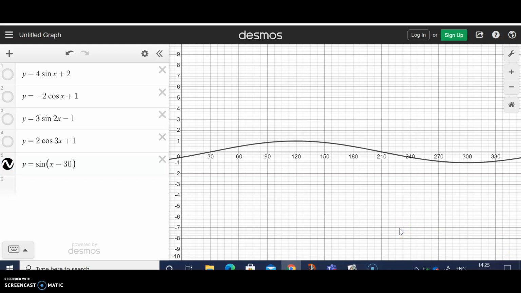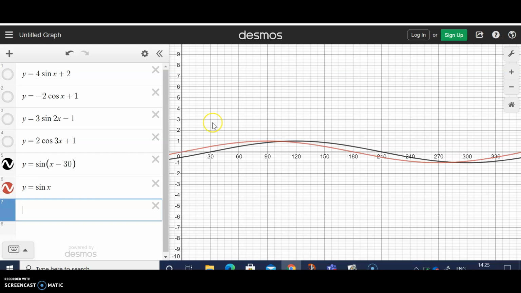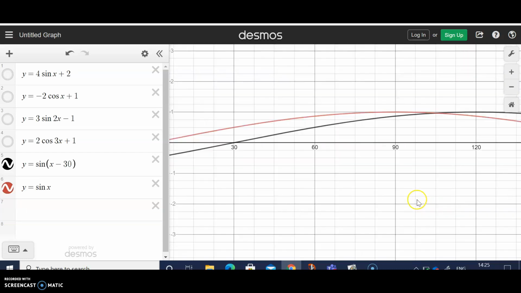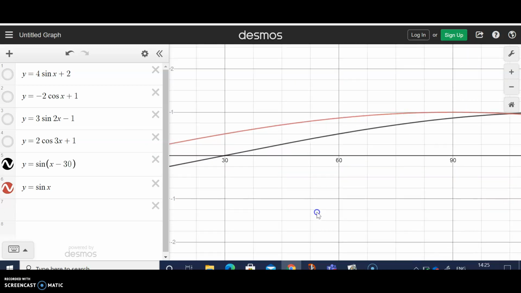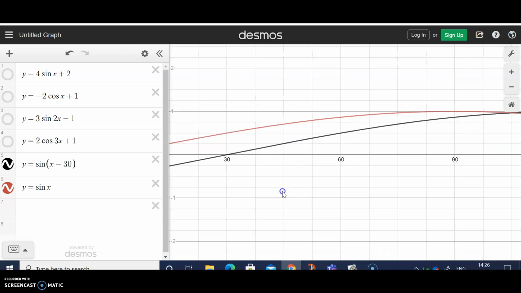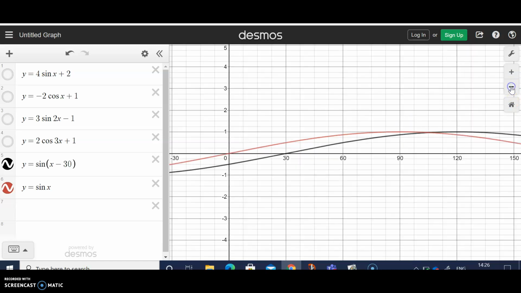A normal sine graph would start here at 0, the one in red. This sine graph has been shifted along because it's minus 30, so instead of starting at 0, it's starting at 30 degrees.